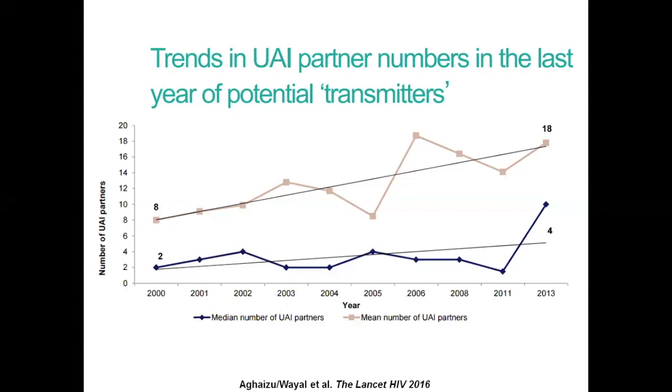And specifically what the graph shows is that a very small proportion of MSM have a significantly high number of unprotected anal sex partners in the last year.